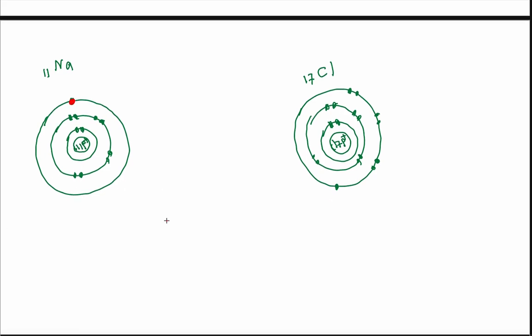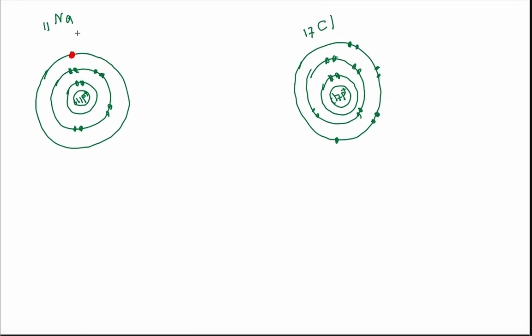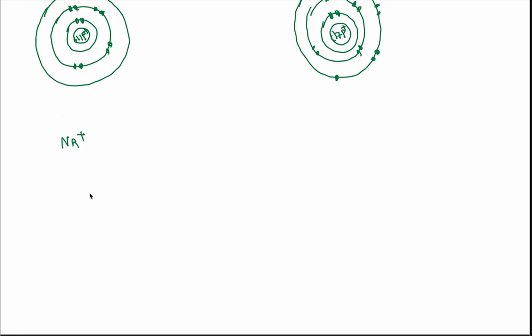So like I said, this is before they have reacted, and after they react, sodium is going to lose the last electron that it has. So it's the shell right below that is going to be completely full. It's going to be full octet. So Na plus, the number of protons does not change.